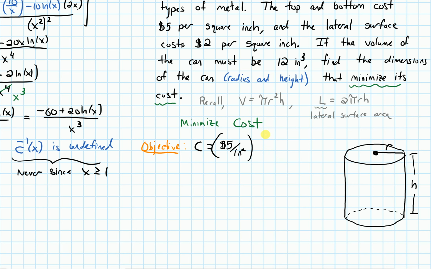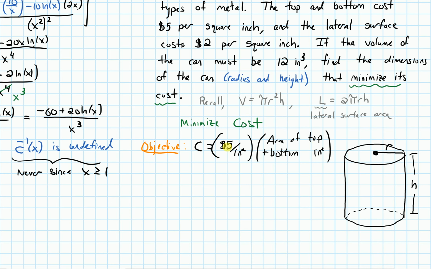This multiplies the area of the top plus the bottom. The area we're measuring in inches squared, and I'm writing the units just so I can see how they cancel. The inches squared in the denominator in the first parentheses cancel the inches squared in the next parentheses.